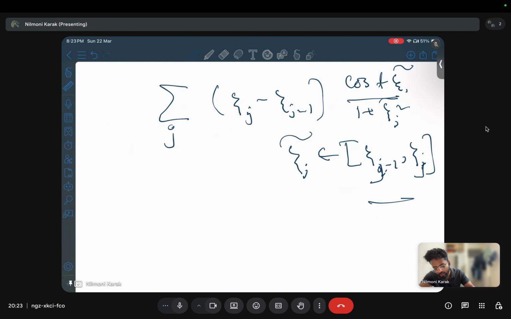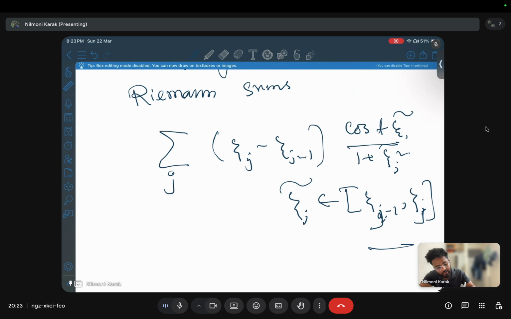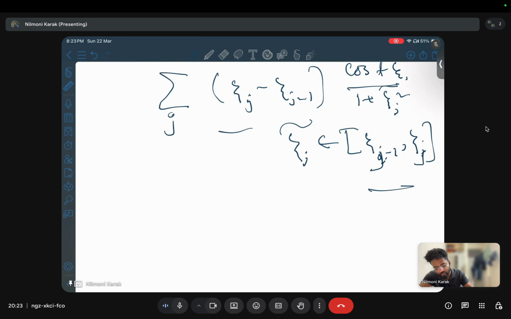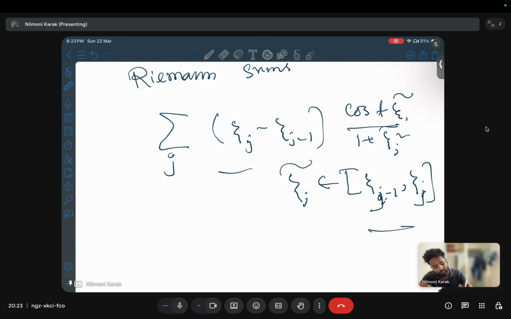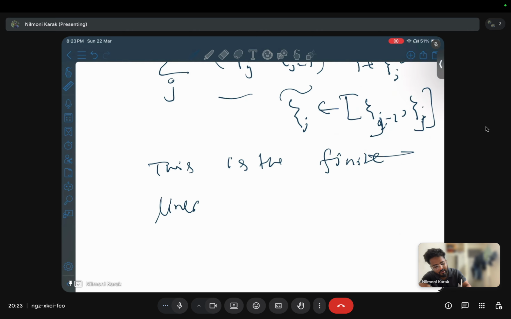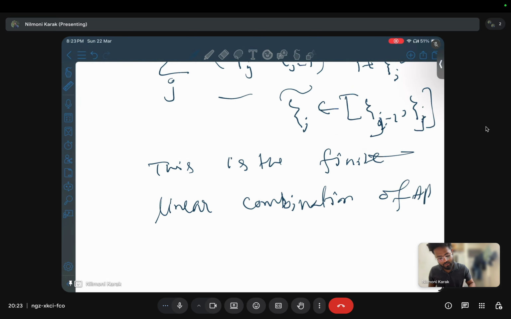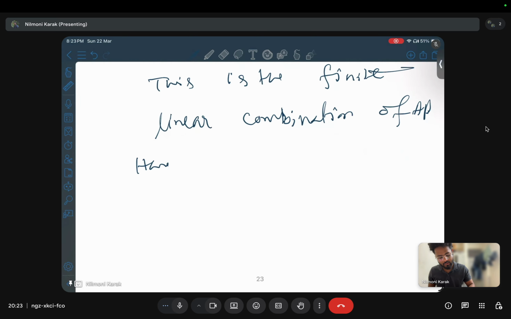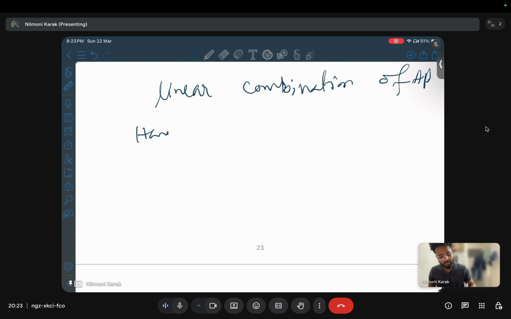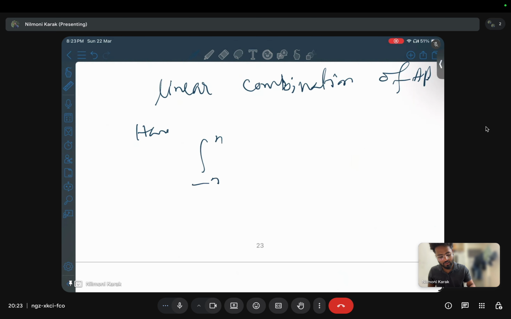Since this is a finite linear combination of AP functions, the uniform limit of the integral from minus n to n of cos(tj) by (1 plus j square) dj is AP.